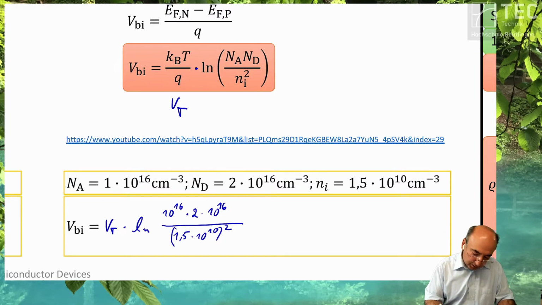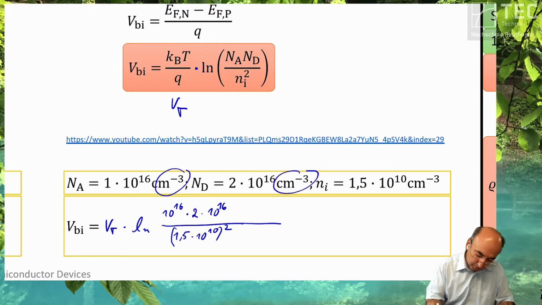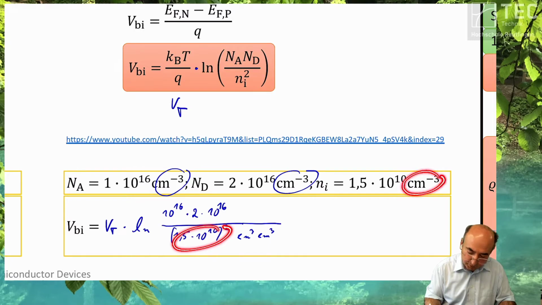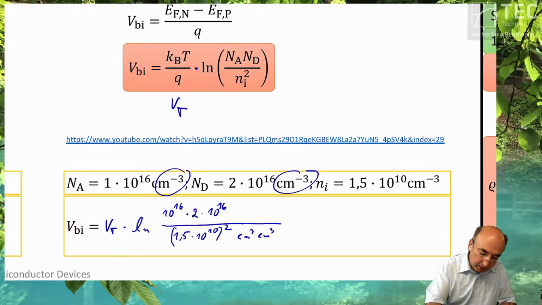And we have 2 times cubic centimeter, and also due to the square, 2 times cubic centimeter in the denominator.